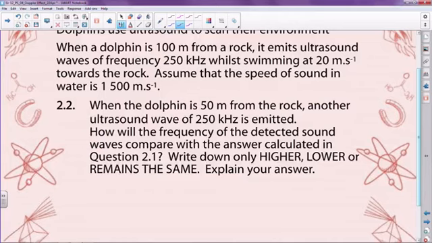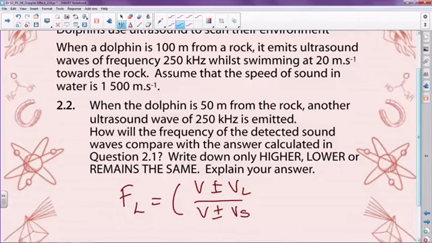And then if I asked you why, you're going to say, because it's closer. Then I'm going to say to you, but if we look at our equation, this is the equation that we're using, it never, ever considers the distance. It's got nothing to do with distance.